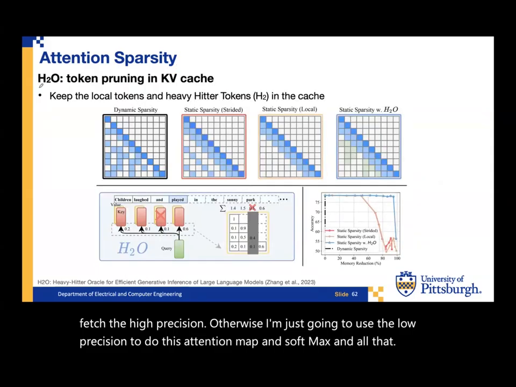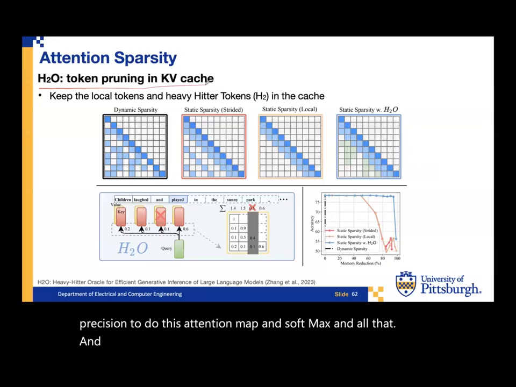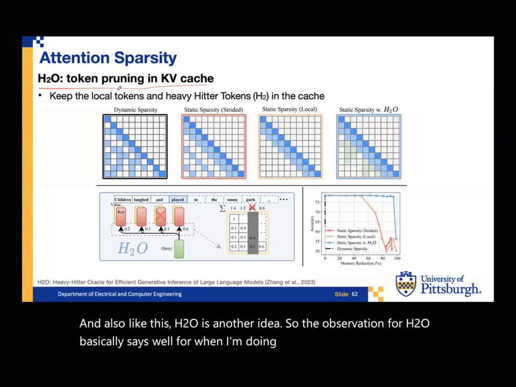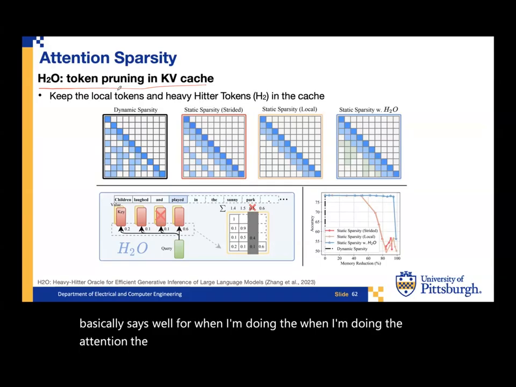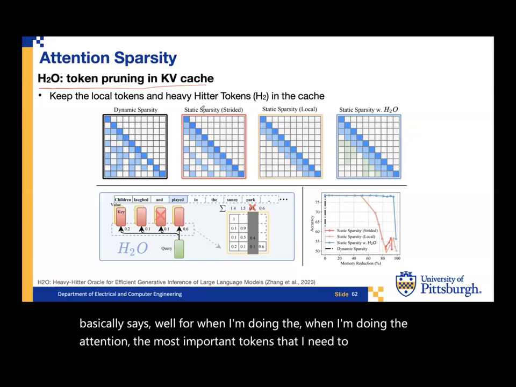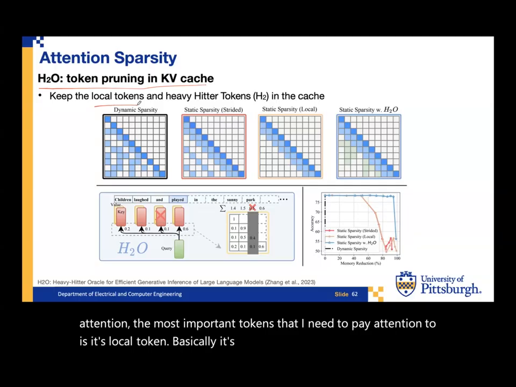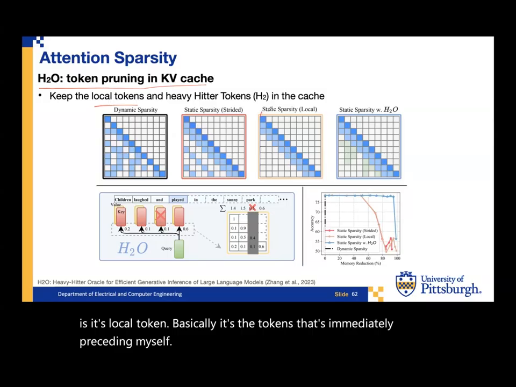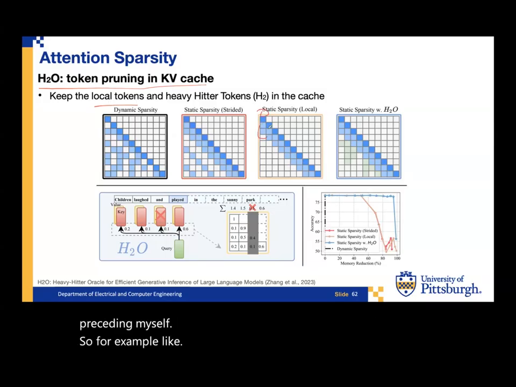And also this H2O is another idea. The observation for H2O basically says that when I'm doing the attention, the most important tokens that I need to pay attention to are the local tokens. Basically, the tokens immediately preceding myself. For example, for this token, I'm only paying attention to the two tokens before me.